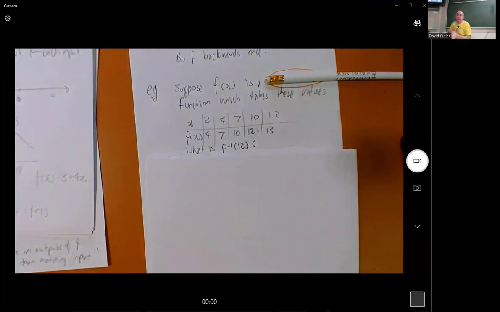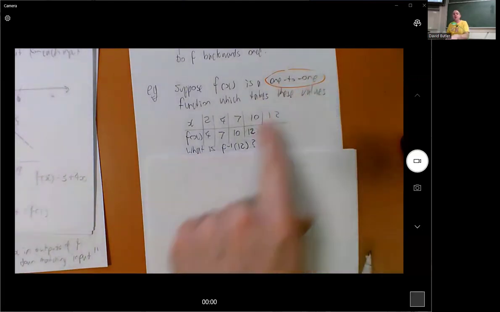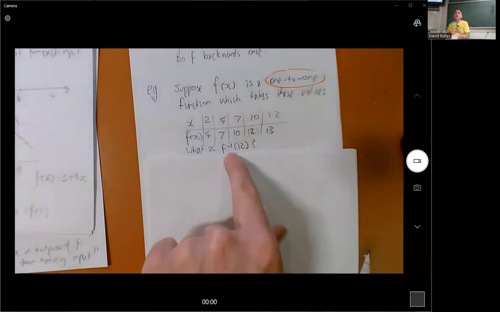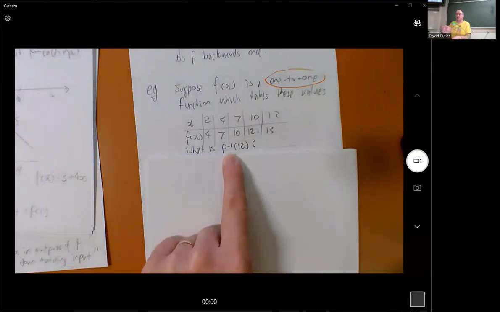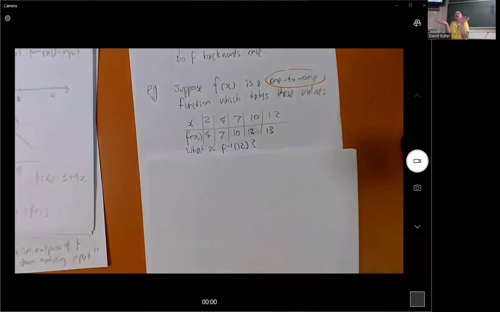So what that means is that if it's not one-to-one, then f inverse isn't a function. You can't call it a function because there are some inputs for this that you can't find an output for, because you've got multiple choices for what the answer could be. And that's why we're so careful to define functions as things that only produce one output for every input.